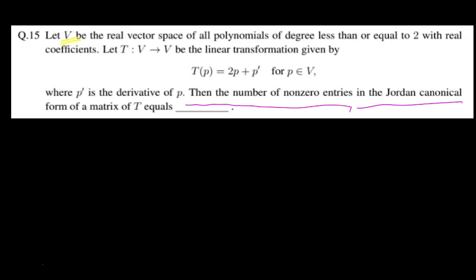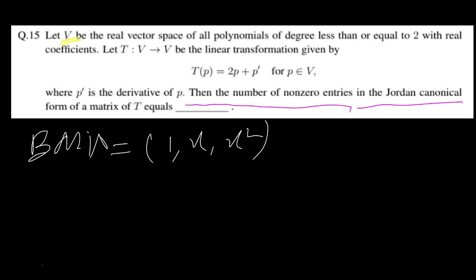We know that the standard basis of degree 2 polynomials is 1, x, x square. We can use this basis to find the coordinates for the matrix representation.